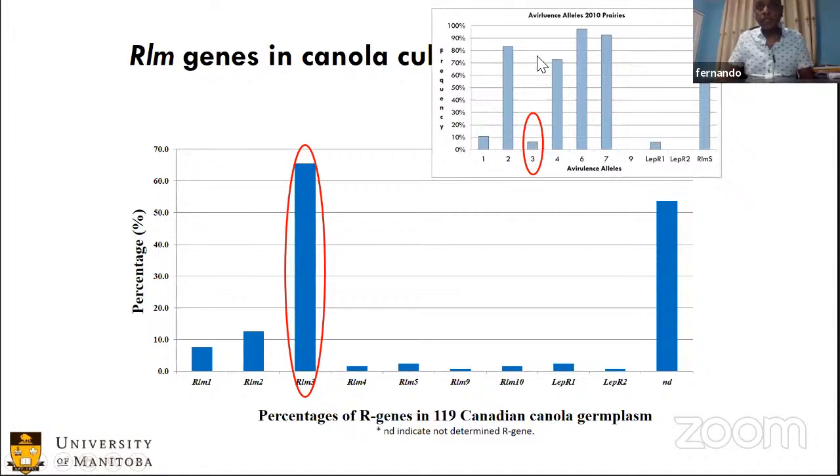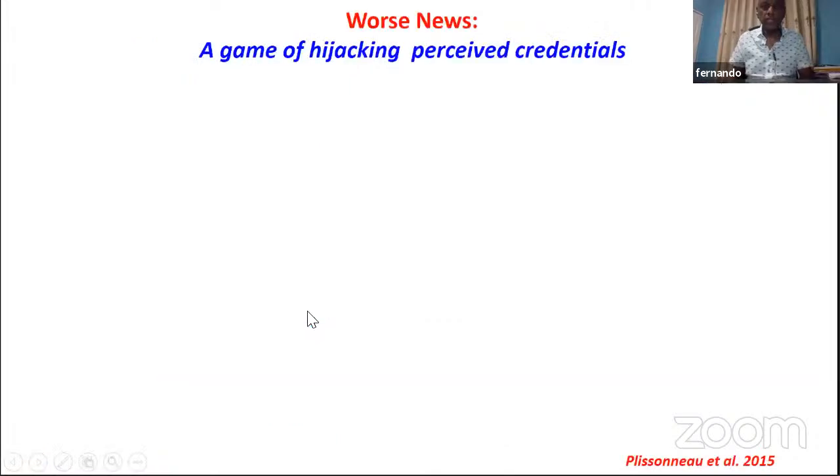So 97% of the AVRLM3 are virulent. You can just imagine what really happens in the field. Even though RLM3 is present in the crop, in the variety, it is not acting as RLM3 because the virulent isolates are going to cause disease.